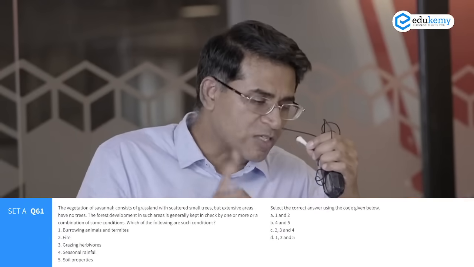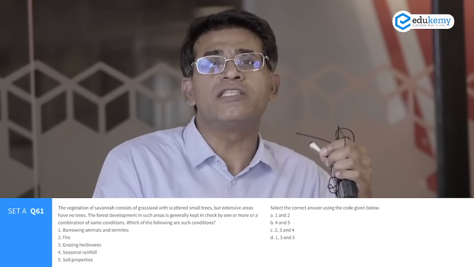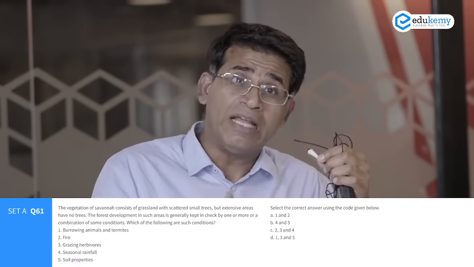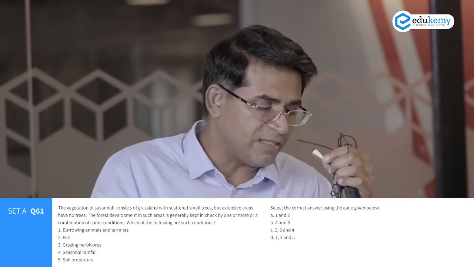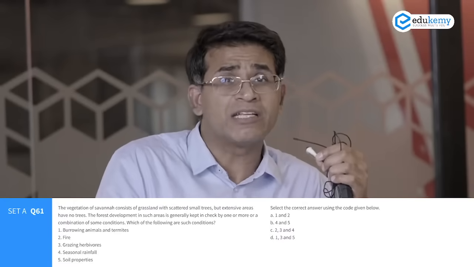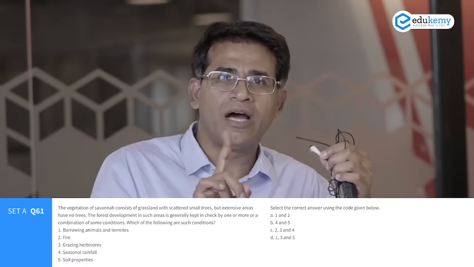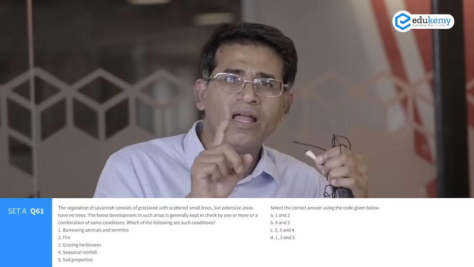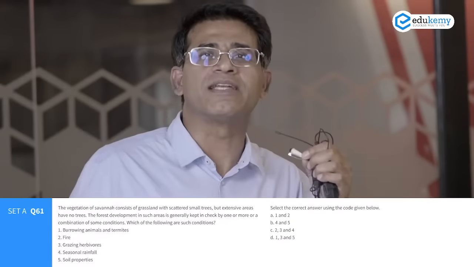Rainfall seasonal, yes, there is a sharp season of droughts and then heavy rainfall which can have local floods also. Even that restricts the vegetation. And of course, the soil factor is not wrong. Soil also plays an important role. But given the choices, I think it should have been 2, 3, 4. I want to point this out, and it's not just for those who have given the examination.